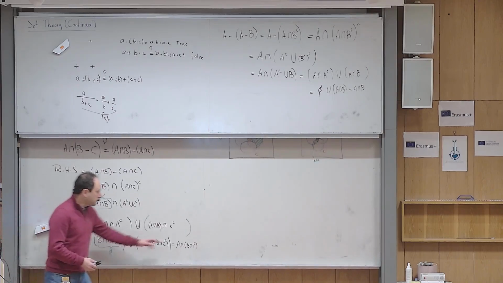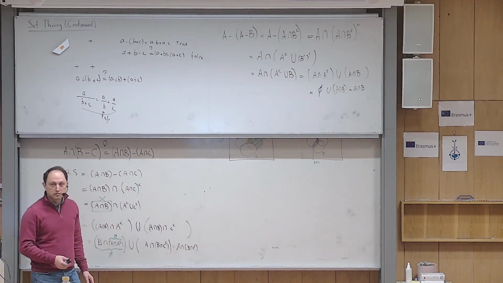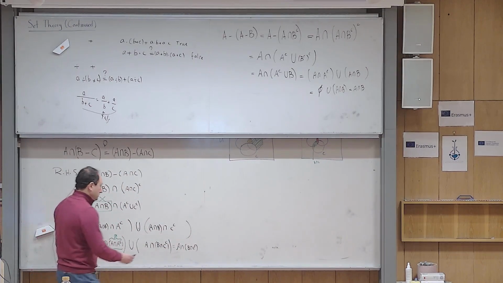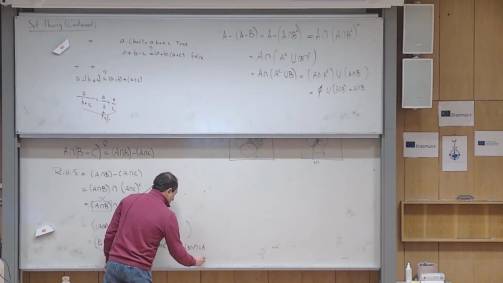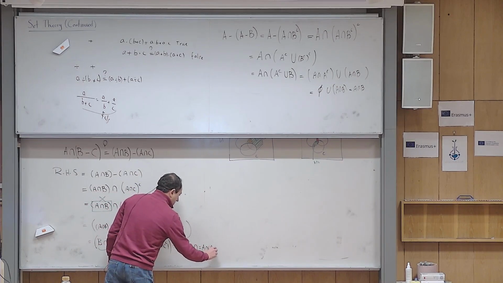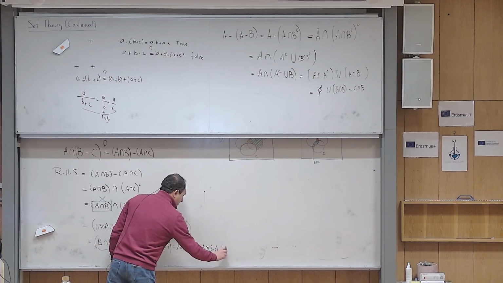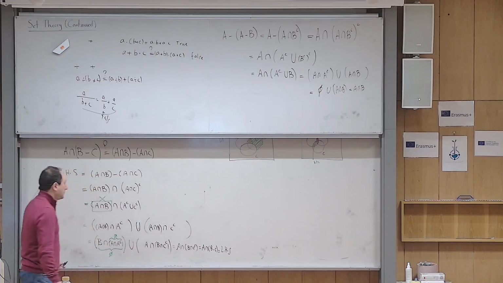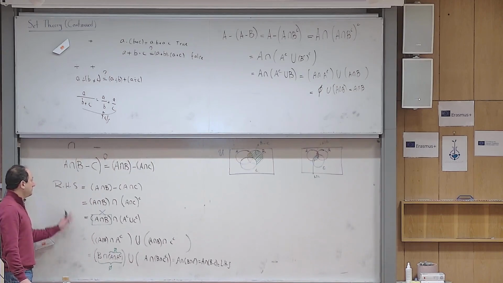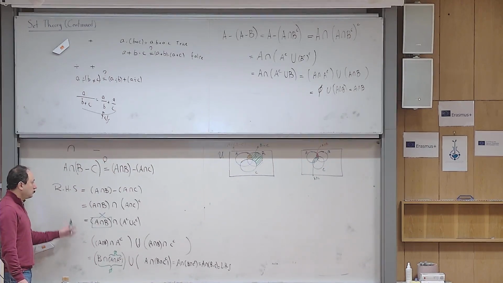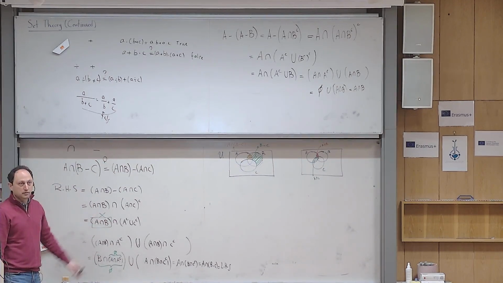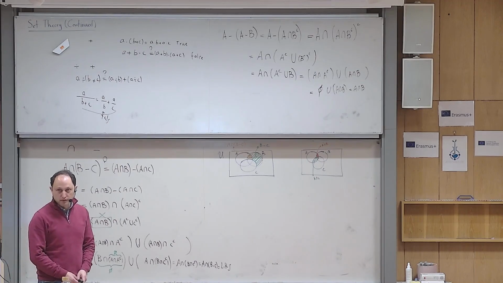But what can I write instead of B intersection C complement? B minus C, and I am done. So this becomes A intersection B minus C, and that is the left-hand side. So I was able to start from the right-hand side using all these fun algebra and then write to the left-hand side. So that is really proved, yes.